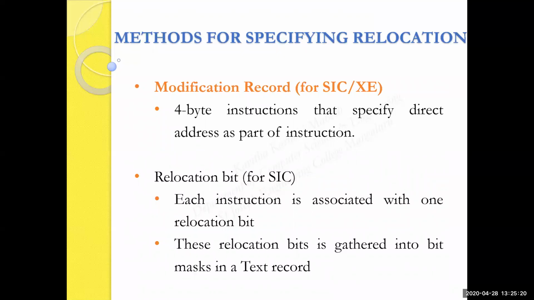Format 2 uses registers as operands, while format 3 uses relative addressing and encodes displacement as a part of the instruction, while the format 4 instruction specifies the direct address, that is the address of the operand, as a part of the instruction. So the only instructions that require modification are the 4-byte instructions.